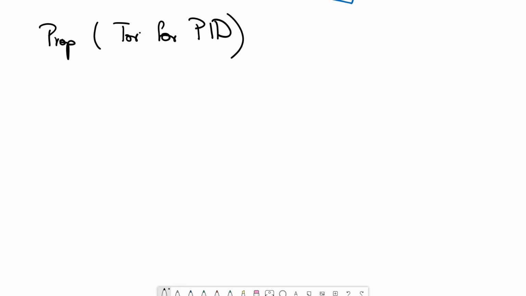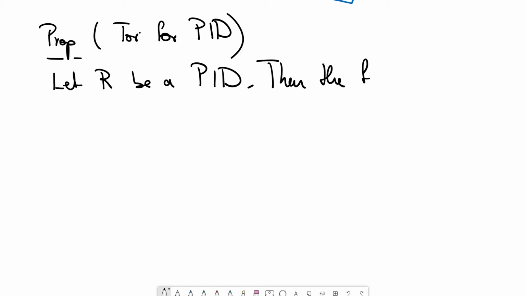That's the abbreviation for principal ideal domain. And then we have the following computations.